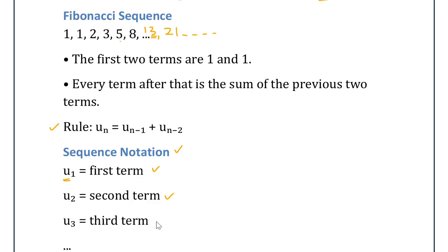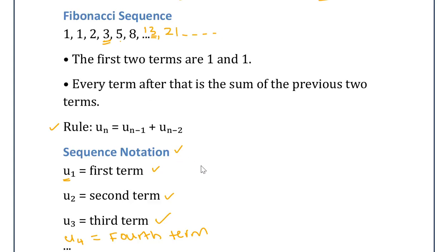What about the third term? The third term is the third number in the sequence. In this case, our third term is 2. And possibly U4, which is the fourth term. The fourth term is the fourth number of the sequence. In this case, our fourth term is 3.